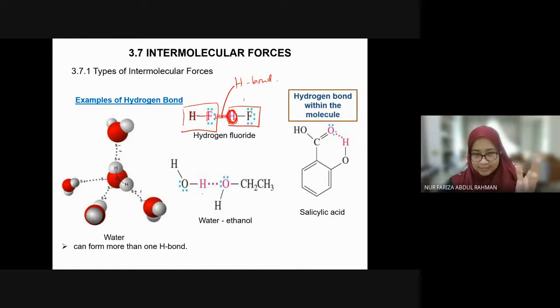Okay, let's look at the second example. Alright, so focus on the hydrogen, look for the hydrogen. This is the hydrogen. The first condition, hydrogen must be directly attached to either F or O or N. So yes, this hydrogen is directly attached to O. Okay, alright. First condition obeyed. Second condition, this hydrogen must be externally attracted to F or O or N. So we have oxygen here, right?